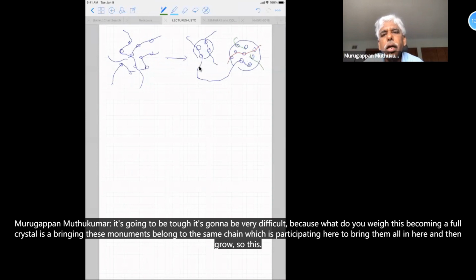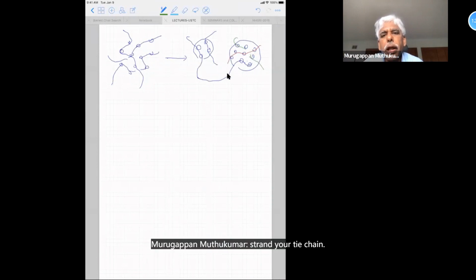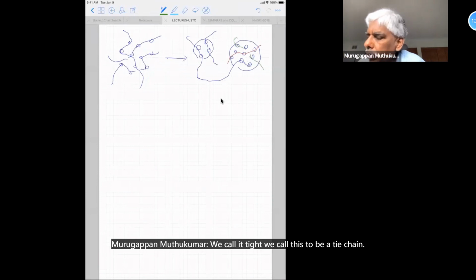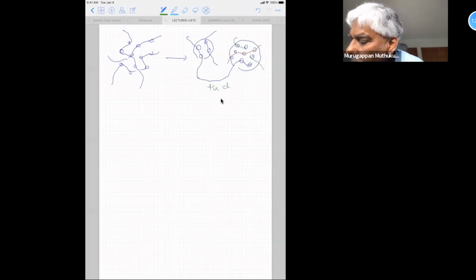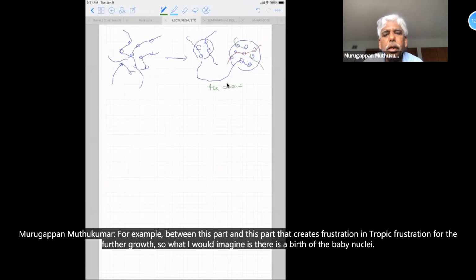So this strand, we call it a tie chain. For example, between this spot and this spot, that creates frustration, entropic frustration for the further growth.